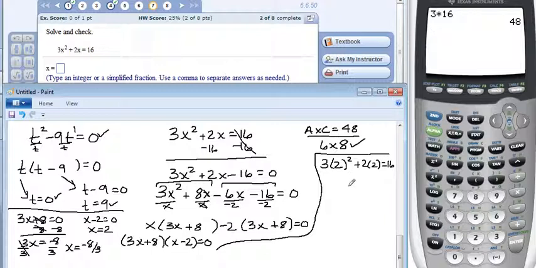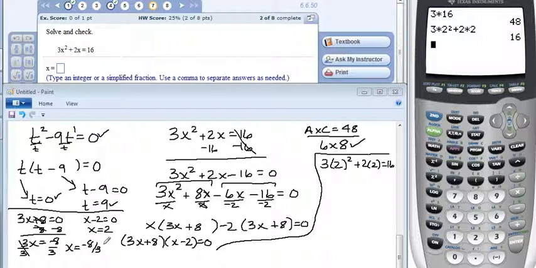Well, let's see if it does. Again, let your calculator do the grunt work. It's 16. It works. Now if I put this negative 8/3 in there, that would also work.